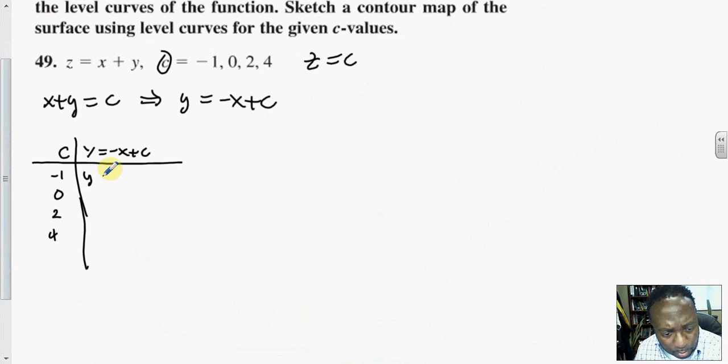so here this is y is equal to negative x, y is equal to negative x minus 1, y is equal to negative x, here y is equal to negative x plus 2, then y is equal to negative x plus 4.